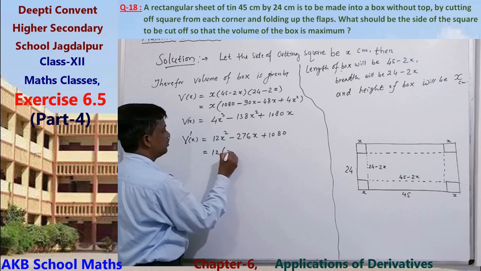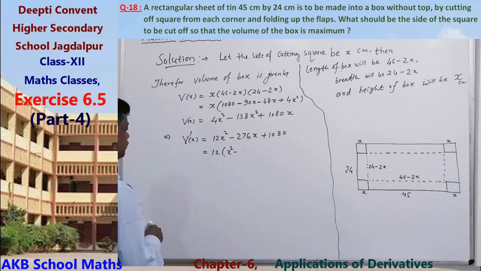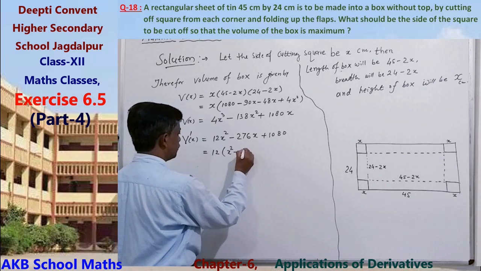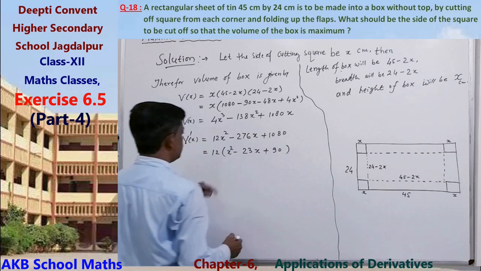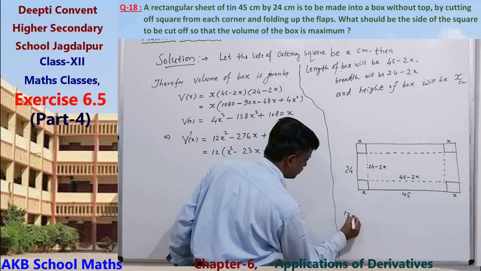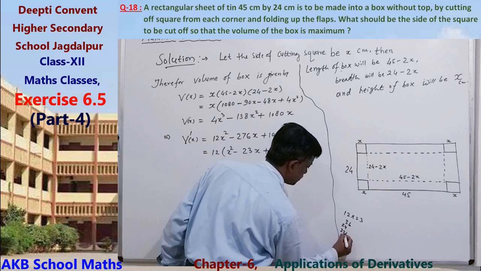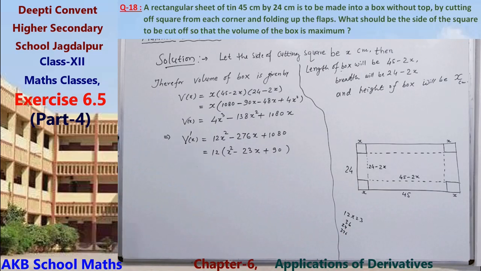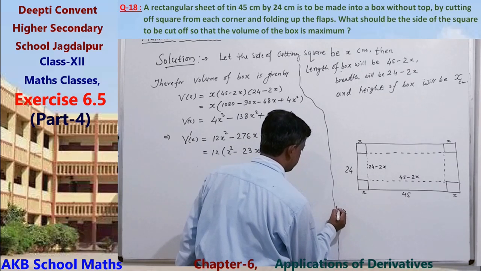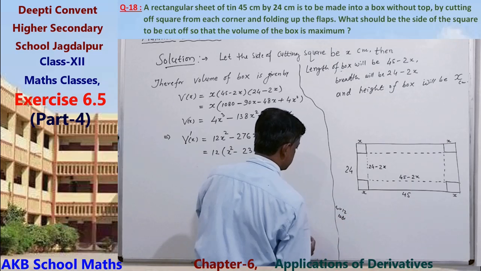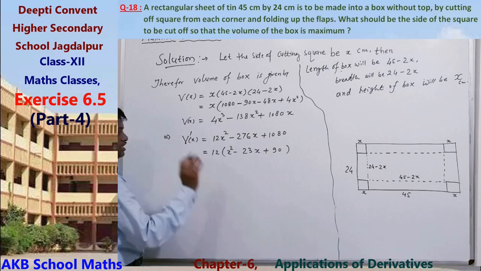Taking common 12, x square minus 23x plus 90. 12 into 23 is 276, and 90 into 12 is 1080.